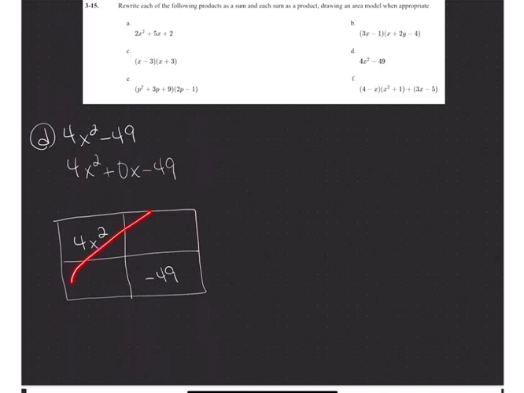So now I need to figure out what's going on my diagonal, right? So somehow I got to get to 0x. So that kind of gives us a clue that one of these has got to be positive and one of them's got to be negative. Granted, when we multiply, we're getting a negative, so we know it's negative 49, so one has to be positive, one has to be negative. The other clue is in order to get that 0, one has to be positive and one has to be negative.